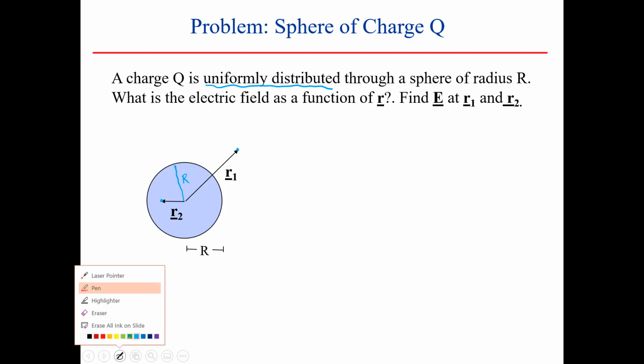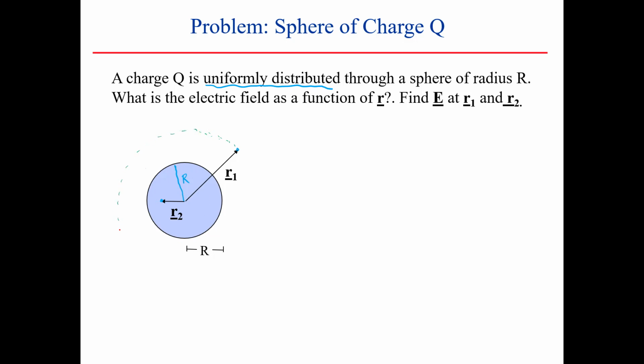Okay, so for this problem, we have to solve first the point outside the sphere. So for this, since this is a problem with spherical geometry, then we will use a spherical Gaussian surface. Okay, so this is our imaginary Gaussian surface.